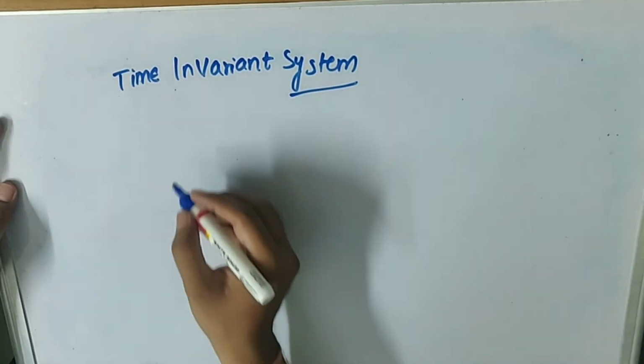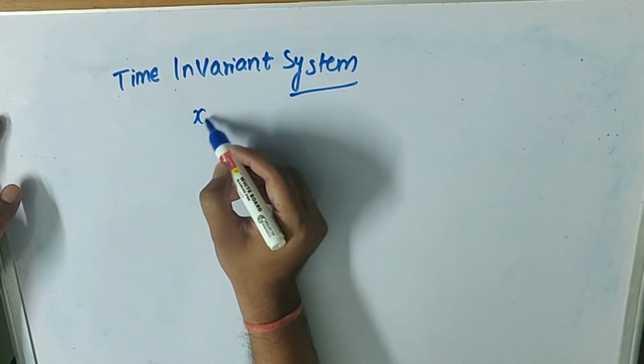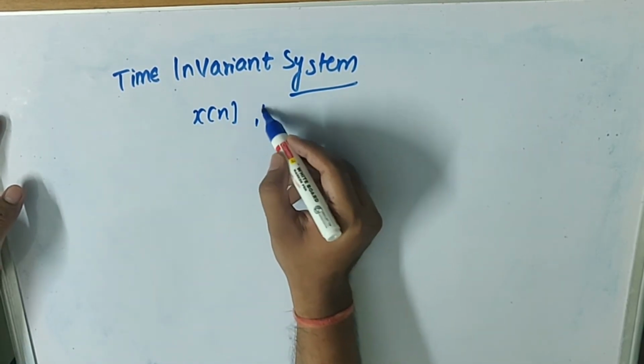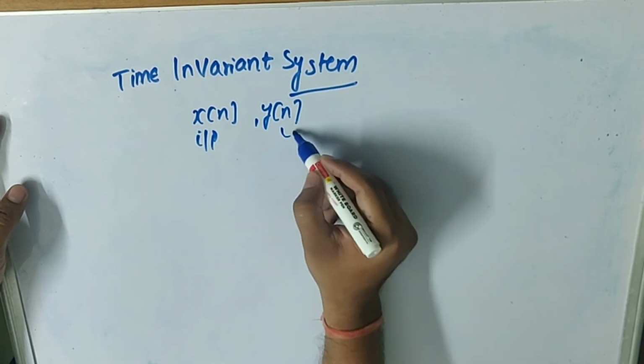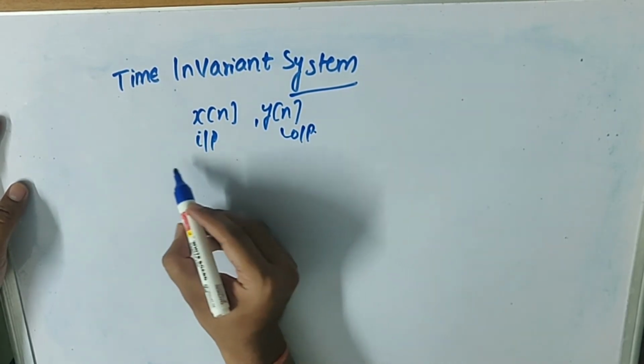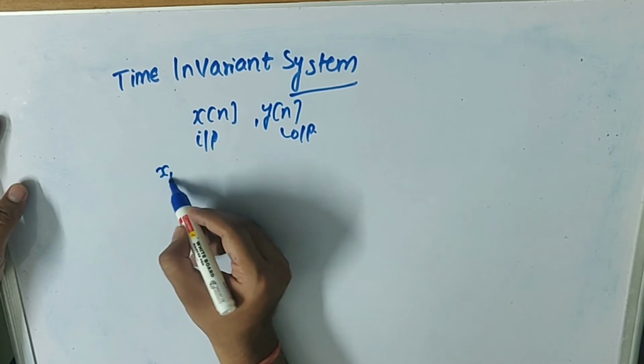What does it mean? Let's say we have an input output combination like x[n], y[n], where this is the input and this is the output. We are shifting them by some delay.